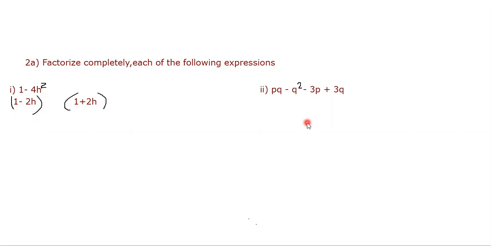Good. Now, factorization mostly deals with what is common. Now, when I look at the PQ minus the Q squared, what is the first thing? What is common out of this statement here? What is in both of them?